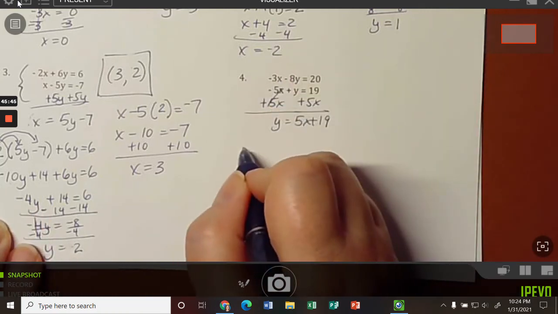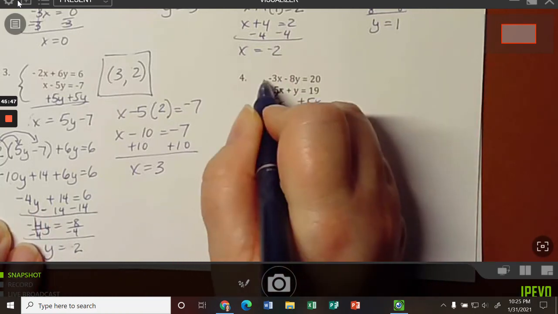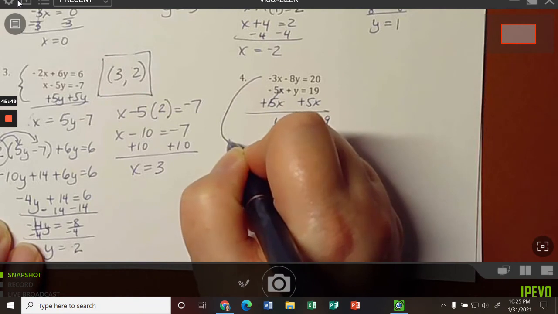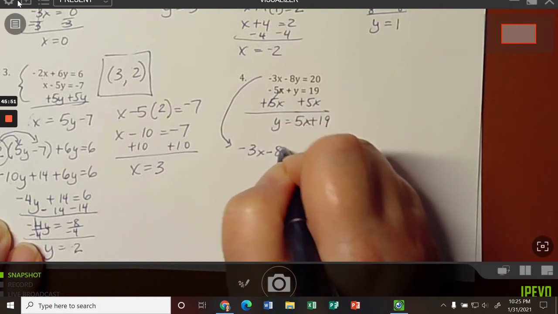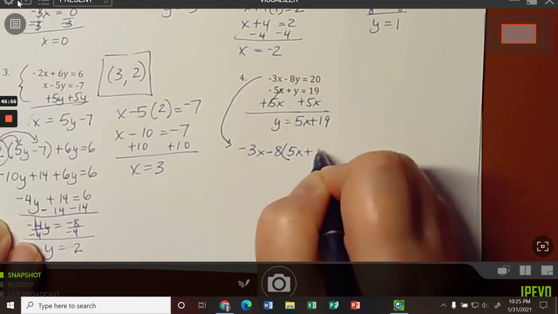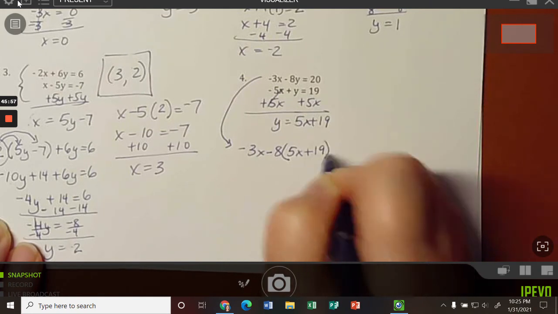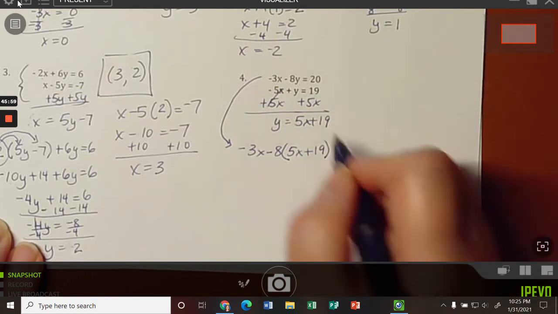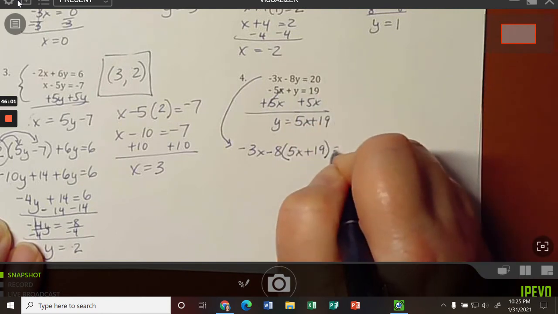So negative 3x, so this is coming from here, I'm just bringing this down, minus 8, but instead of times y, I'm going to say times the quantity 5x plus 19, and then equals 20.